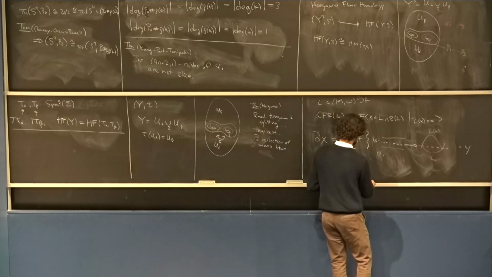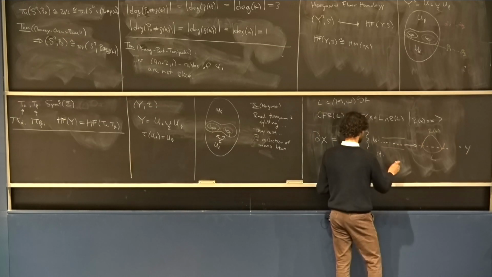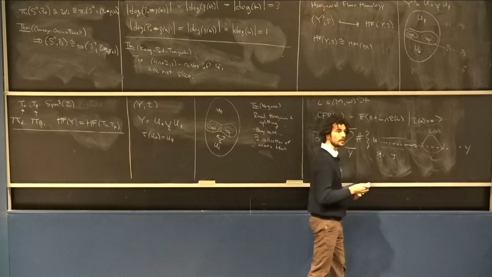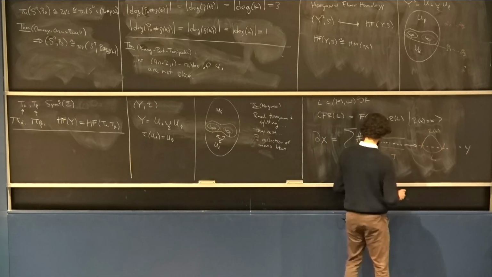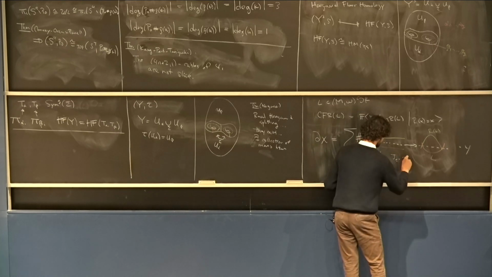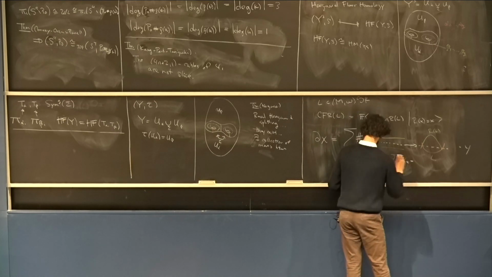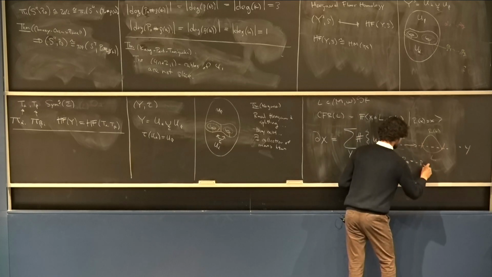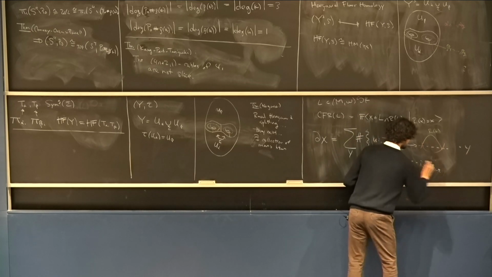And the thing I'll emphasize is I want to choose symmetric almost complex structures, so that J_t composed with the involution is minus the involution composed with J_{1-t}.